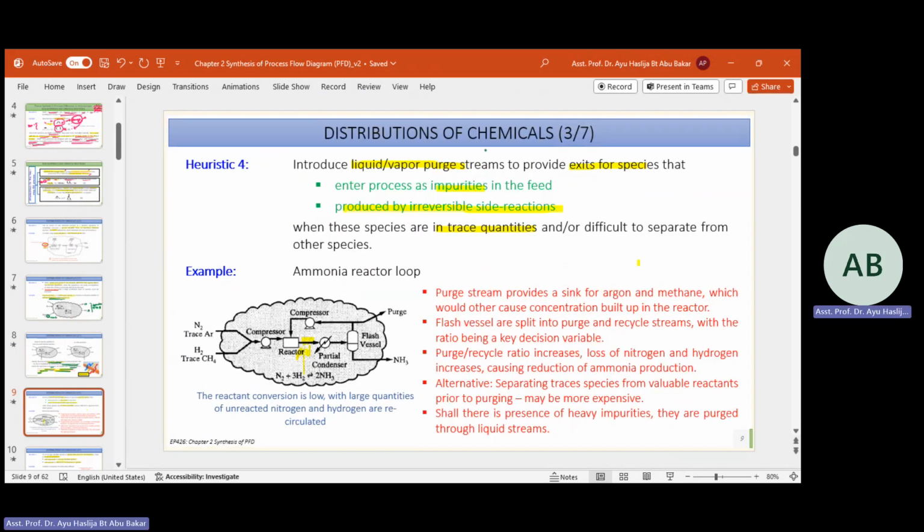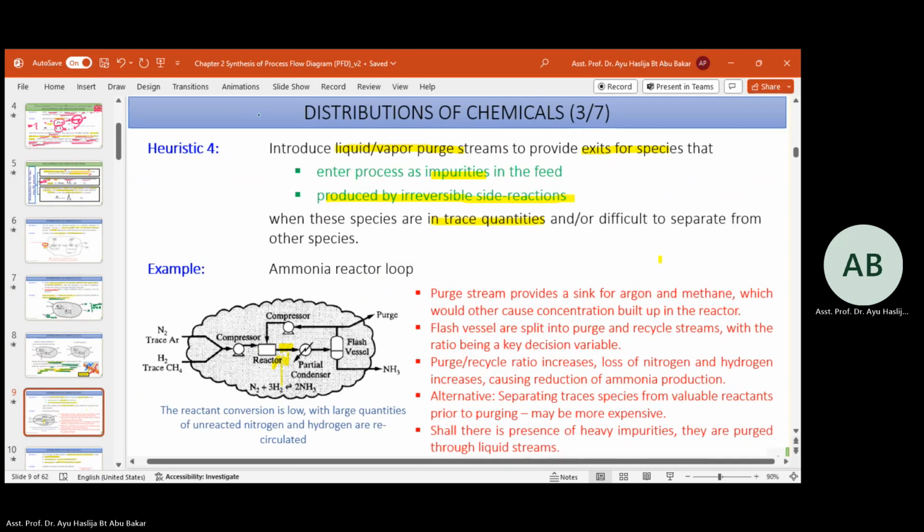Now, still on the distribution of the chemicals, step 2. Heuristic 4, the next heuristic: introduce liquid and vapor purge streams. Liquid or vapor purge streams provide exits for species that enter the process as impurities or are produced by irreversible side reactions.